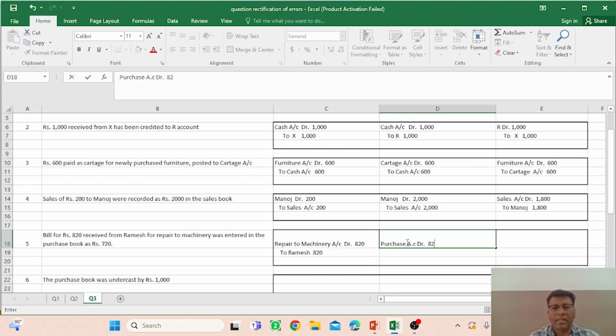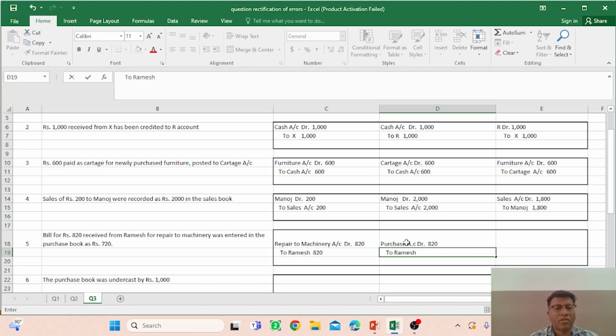rupees 820, and the party you are buying the goods from is Ramesh, so it is assumed that the Ramesh account was credited, right? So you have to mention to Ramesh. And one thing else that you have to pay attention to is the amount also.